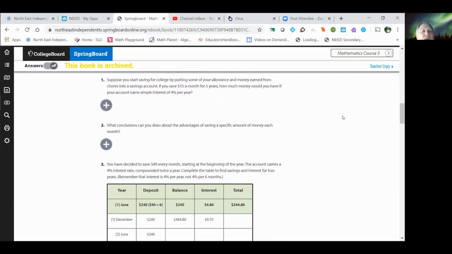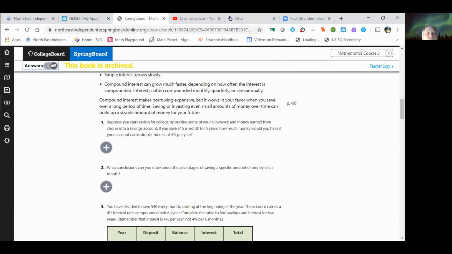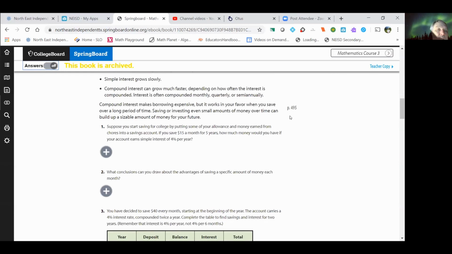Item 1. Suppose you start saving for college by putting some of your allowance and money earned from chores into savings accounts. If you save $15 a month for 5 years, how much would you have if your account earns simple interest of 4% per year? First, we have to remember that saving $15 a month is going to be $180 in a year's time. So at the end of the first year, we have $180.